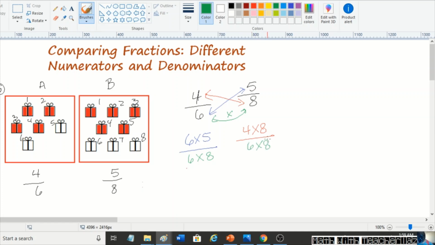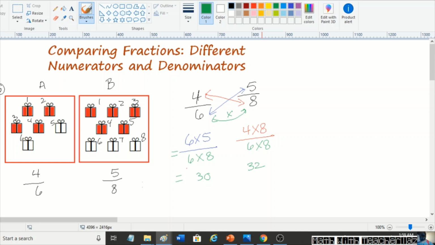That's going to be your common denominator. Put your equal sign here. Now let's turn those into fractions. What's 6 times 5? If you count by 5 six times, you'll get 30. What's 4 times 8? If you count by 8 twice, you get 16. You double that, you get 32.